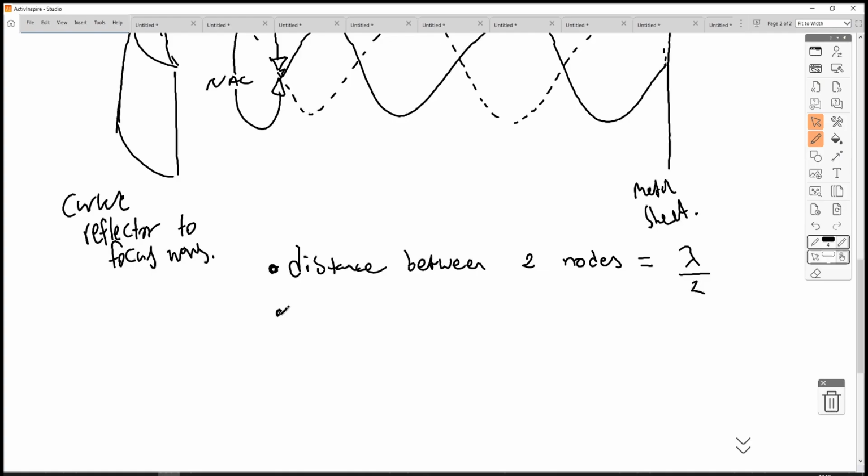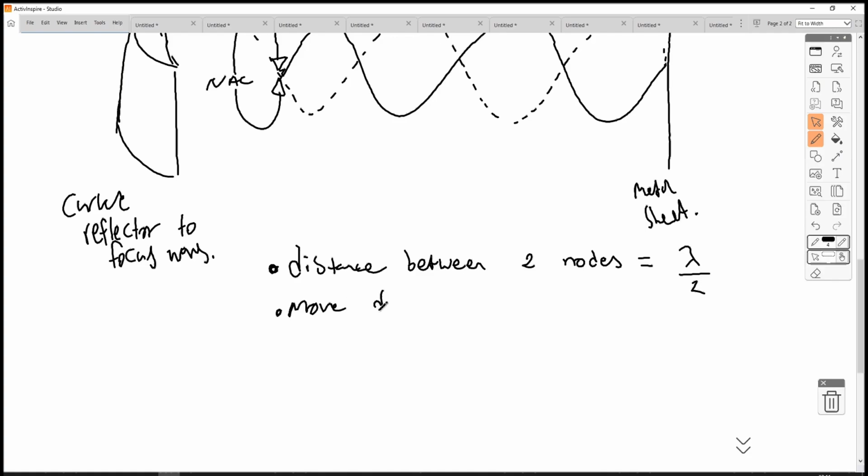The distance between 3 nodes is 1 wavelength. The distance between 4 nodes is 3 over 2 wavelengths, etc. Yeah? So you take 1 away from the number of nodes, and then you halve it, and that would give you how many wavelengths that distance is worth.